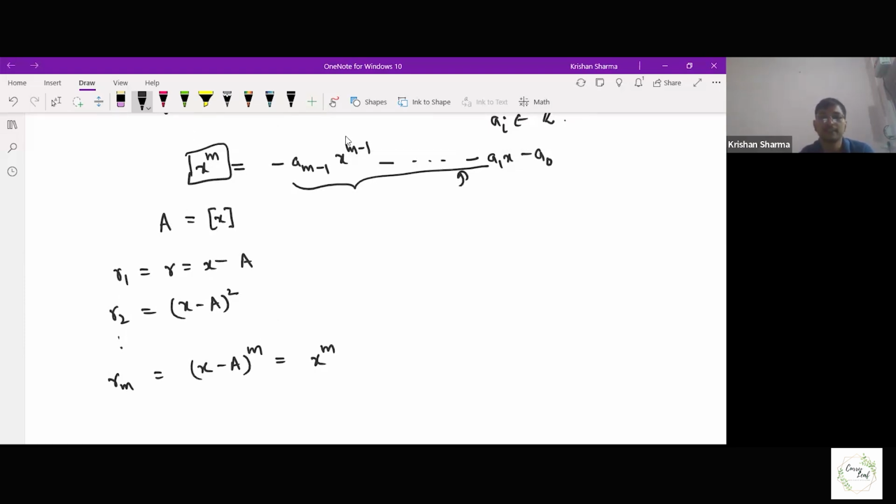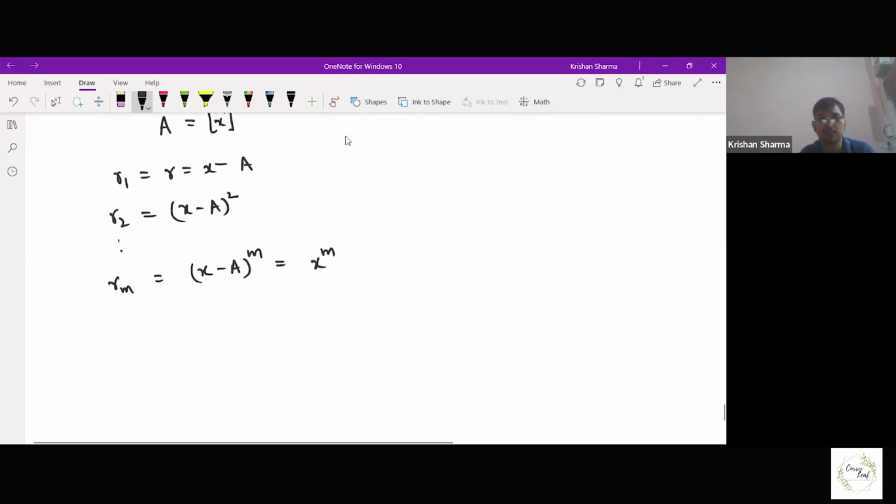So what we will get is that every number rn is of the form: I'm taking capital A, I can use A of m comma n, as there are two variables m and n.